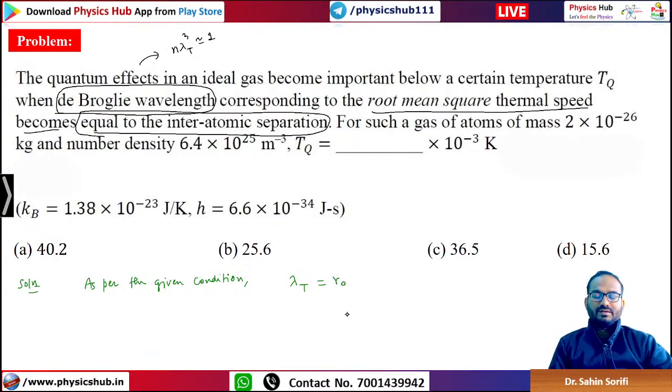Lambda_T equals r_0, and you know r_0 is approximately 1 by n to the power 1 by 3.